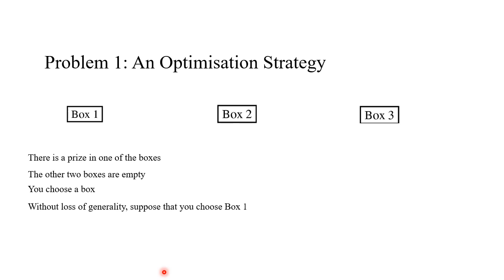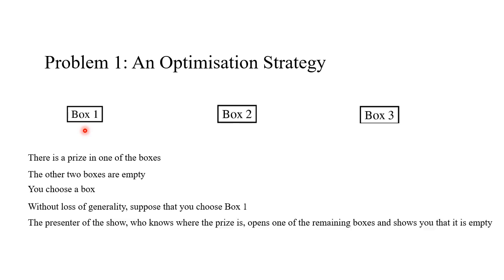Now suppose you've chosen box 1. There's no loss of generality there. Now, the presenter, who knows actually where the prize is, he knows whether you've chosen the correct box or not, he picks another box, say it's box 2, and he reveals to you that that box is empty.